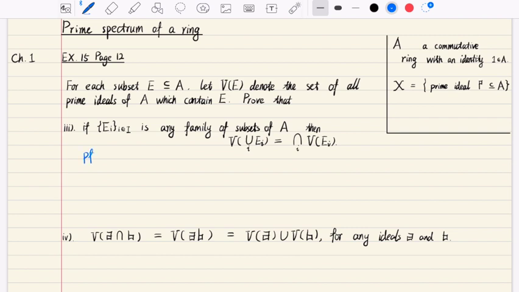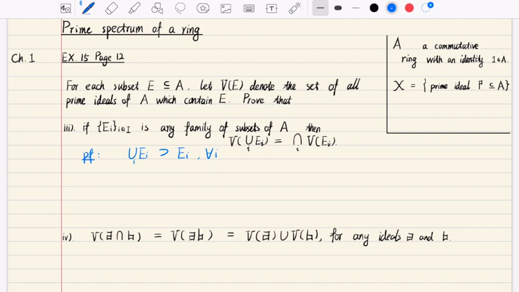Since we have nothing like this we can use, the only method is to go through the definition of V. Take any family. Maybe one direction is somehow easier, since the union of the E_i must contain each E_i.